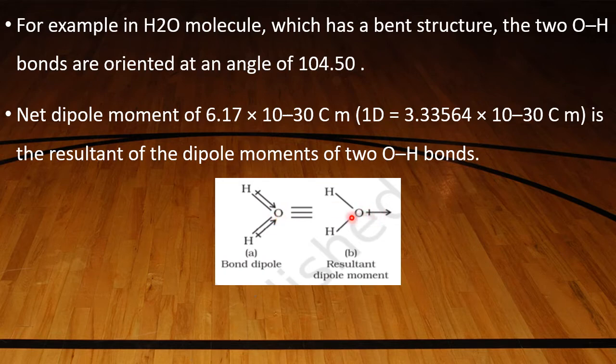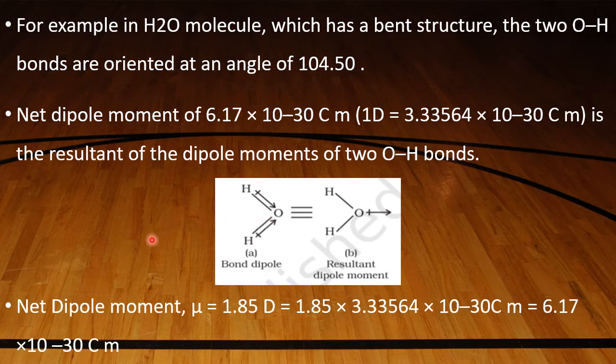So because of this, in the spectrometer they saw 6.17 into 10 to the power minus 30 coulomb meter. It is because of the combined effect of these two bonds towards oxygen. I told you, it is the spatial arrangement of the bonds around the central atom that decides the dipole moment. Net dipole moment mu equals 1.85 D. This is converted.